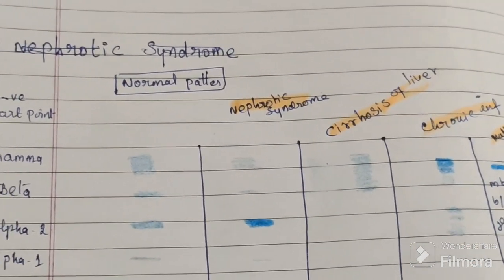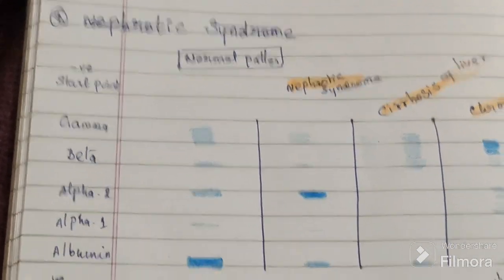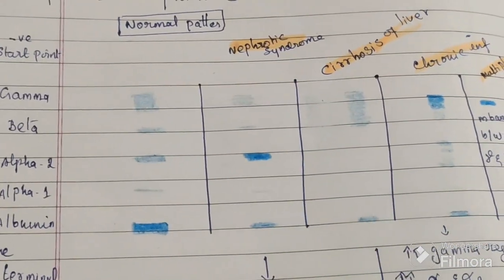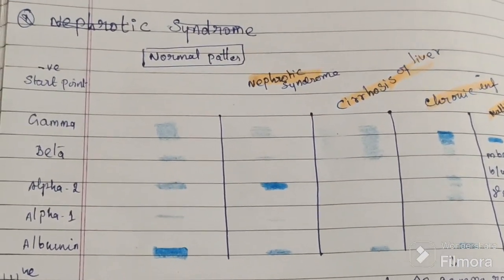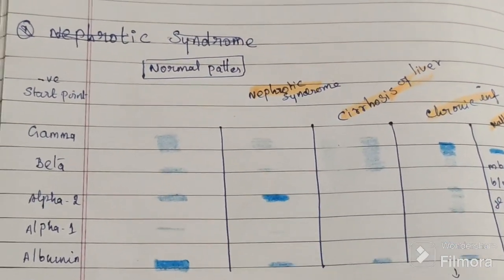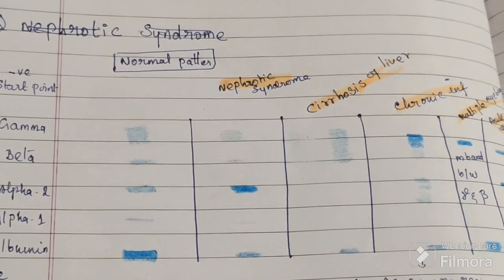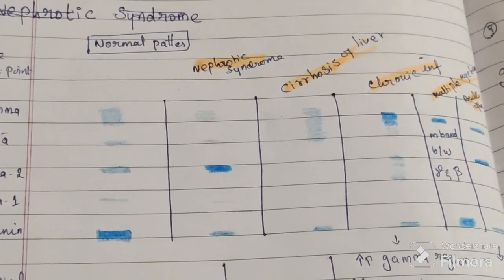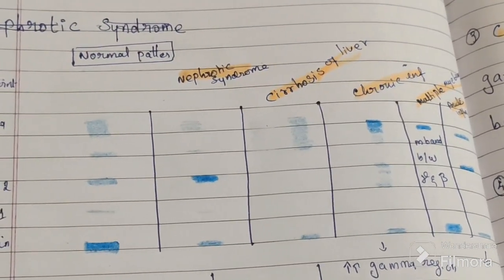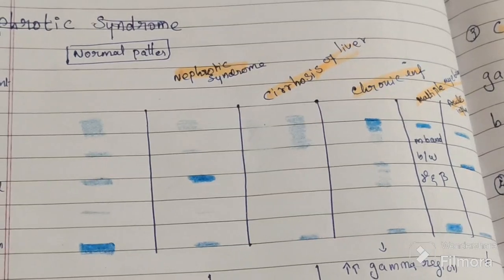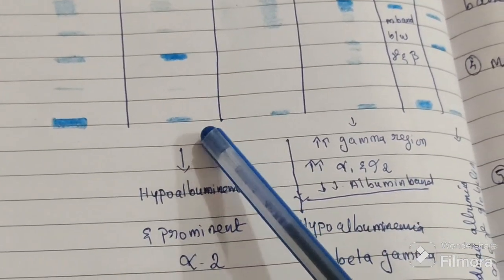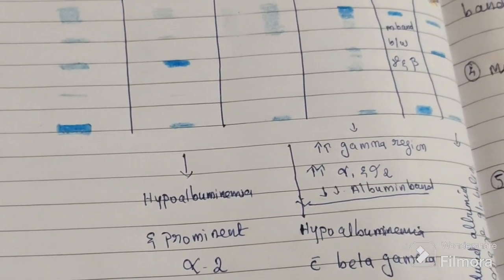Now with the help of the normal pattern, this one is the nephrotic syndrome pattern. An alpha 2 band is found in nephrotic syndrome. Further, the albumin band is decreasing, or not showing prominence, which indicates hypoalbuminemia.